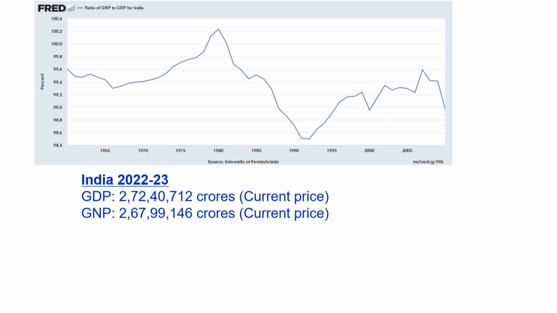You can see that over most of the period, India's GNP is less than GDP, except during the end of the 1970s and the beginning of the 1980s, when India's GNP was greater than GDP. That means at that time, India's net income from abroad was a positive figure.